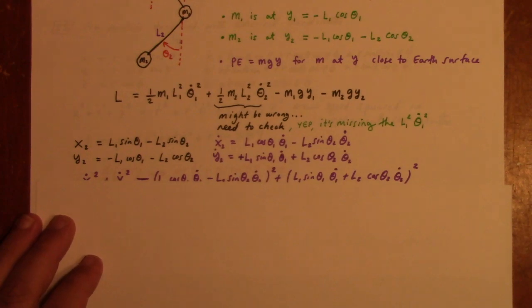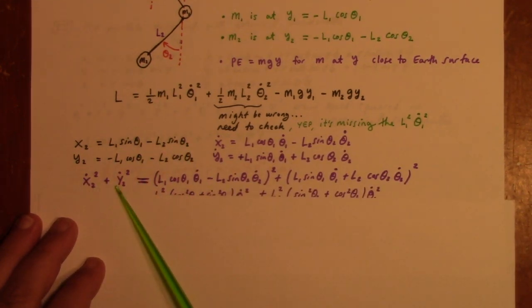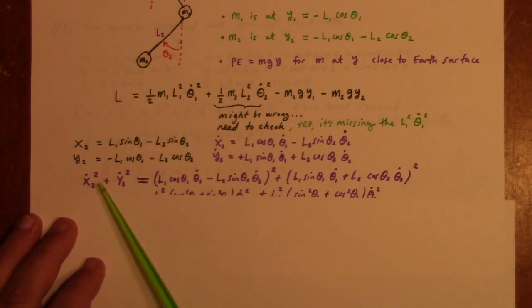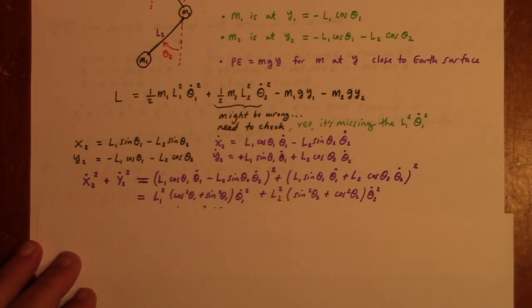differentiate those. And then the speed for m2 would be x2 dot squared plus y2 dot squared, just because that's the speed in terms of the Cartesian coordinates of m2. To convert the speed into theta 1, theta 2 terms, I just do the calculus and the algebra. Here it is.